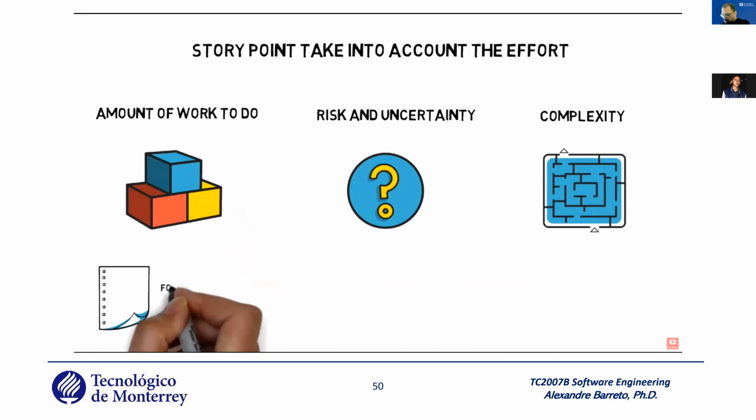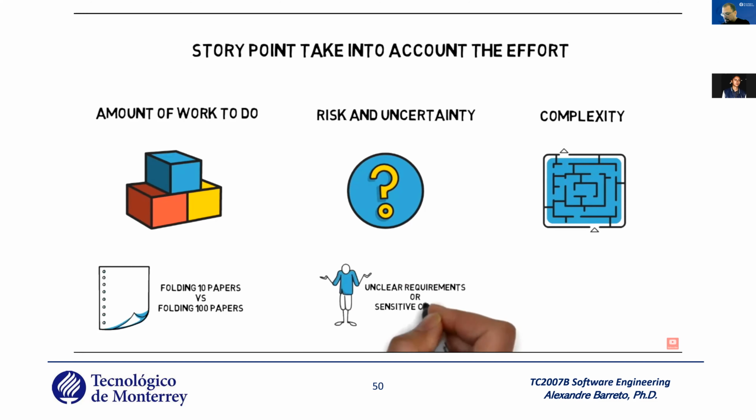The first task is to fold 10 papers, and the second task is to fold 100 papers. Although it's the same action, and the second task is not more complex than the first one, it still requires more work and should be given more story points. It probably doesn't get 10 times more points, even though there are 10 times as many papers, but it should definitely have more story points.